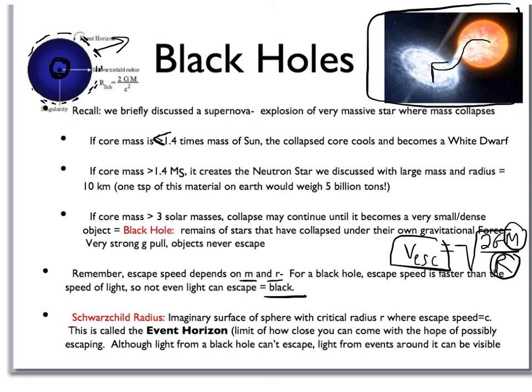And as that material is being pulled into the black hole, you can see the events from around this, actually creating this accretion disk. This is one of the ways that they identify black holes when they're looking for them out in the universe. So a pretty interesting application of what we've studied in Chapter 11.